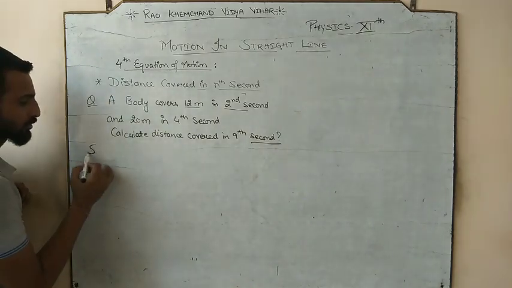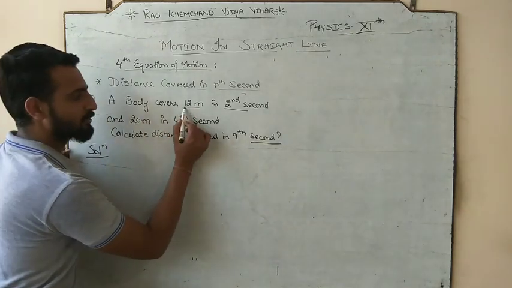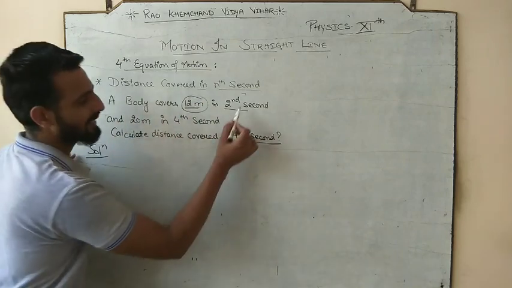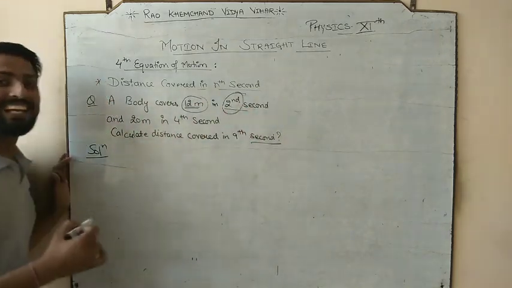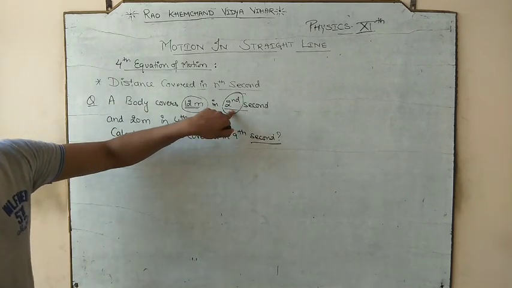So let's try to solve this. What is the question? A body covers 12 meters. So what is given to us? Distance. But it is covered in the second second, so there has been a suffix used with this number.